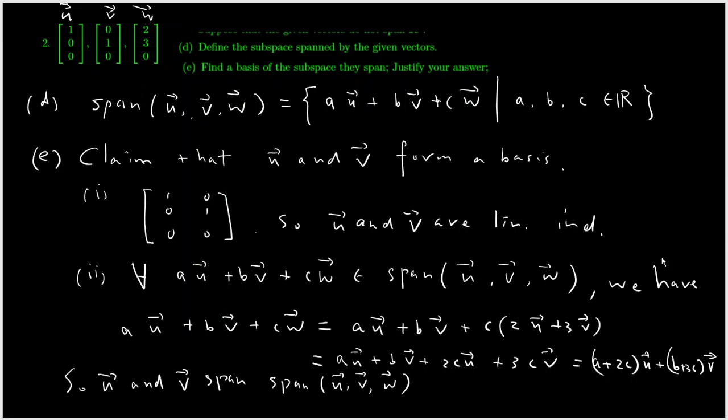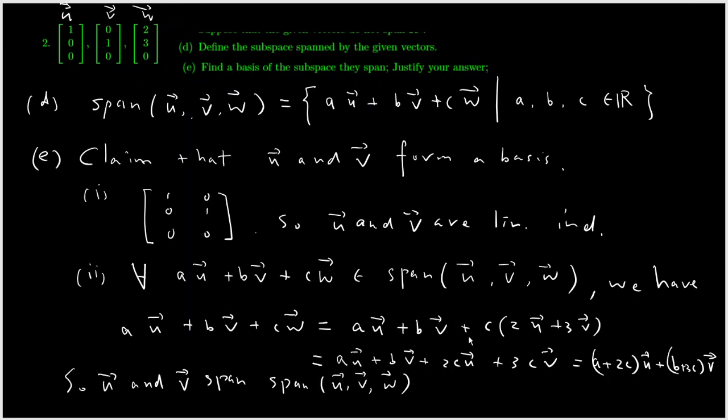It's kind of saying W is redundant. So do you see we actually showed all the linear combinations of U, V, and W are the same as all linear combinations of U and V only? W is redundant. It's kind of saying that, right? This subspace can be spanned by two vectors only. W is redundant.